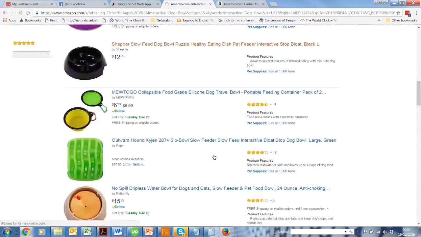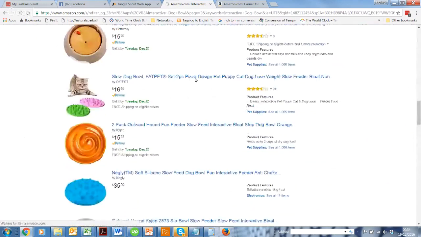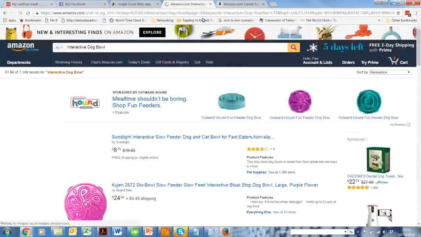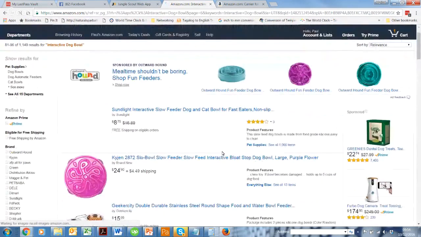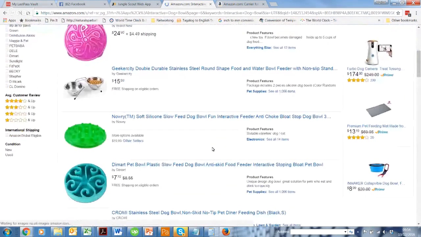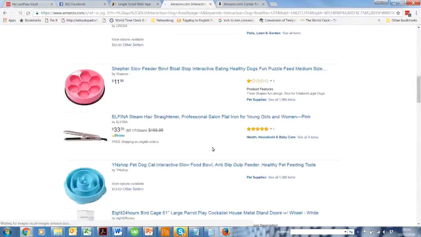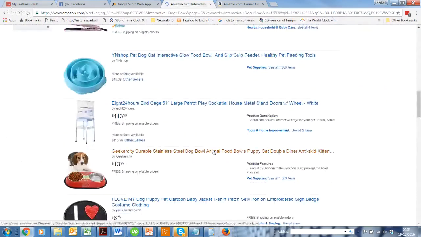Same deal there. Okay, let's go over to page 6, which is around the 100 mark. Just have a quick scroll down and see what we got. Looks like we've got the same type of product.